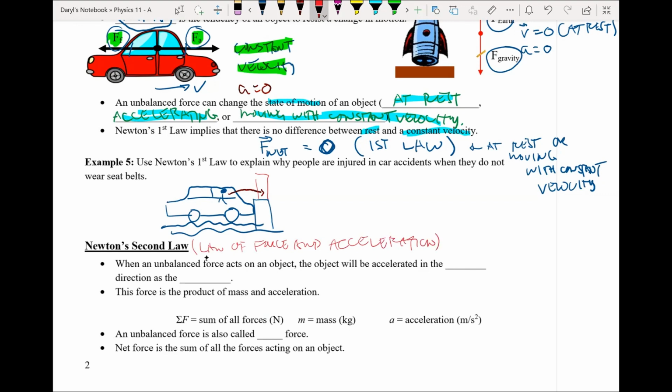So when an unbalanced force acts on an object, so now there's an unbalanced force. So this tells you that F net, the sum of all the forces, is not equal to 0 in this case. The object will be accelerated in the same direction as the unbalanced force.